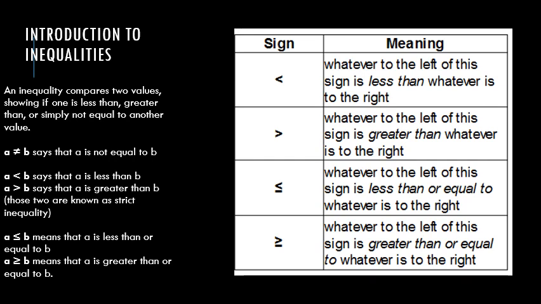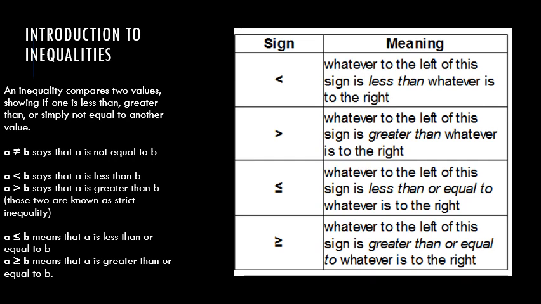Now, if you look down, you will see two more inequalities which look very similar to the less than and greater than inequalities. What is different? In this inequality, the less than sign has a small dash underneath it. It means that a's value can be less than b, or in some cases it might be equal to b also.